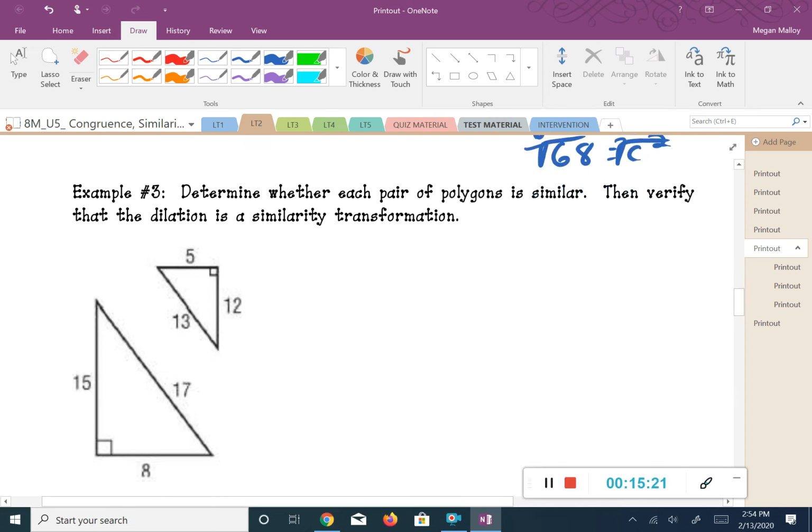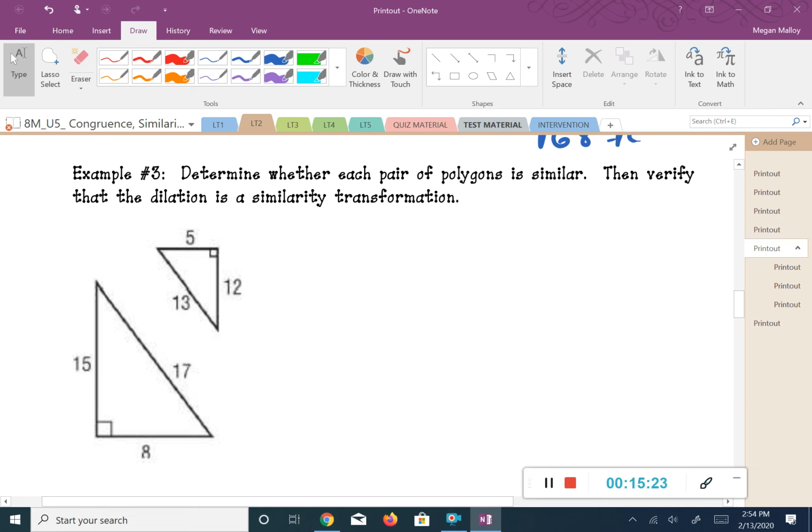All right, so looking at example 3, determine whether each pair of polygons is similar, then verify that the dilation is a similarity transformation. Okay, so we can see we have 2 right triangles. Now the key here is, even though they have different orientations, one is turned around, we need to make sure that we are relating similar sides or corresponding sides.